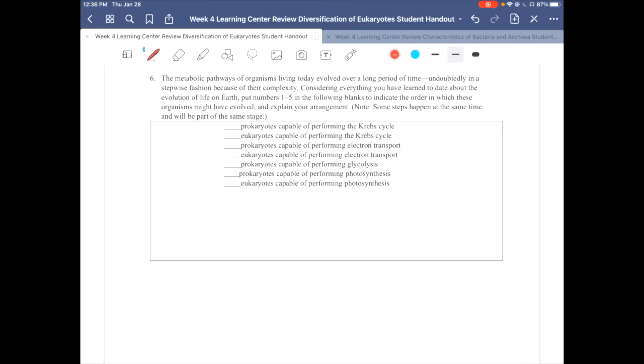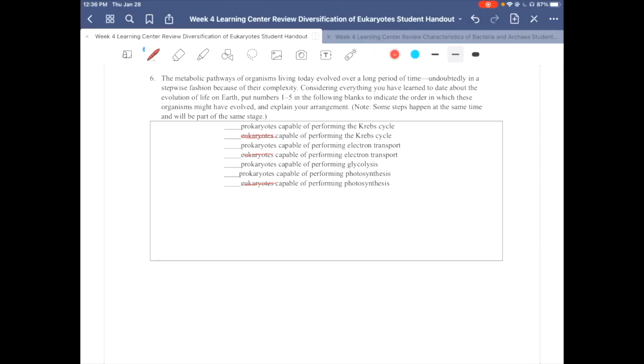How I would go about answering this is first determine if you think eukaryotes came first or prokaryotes came first. So what do you guys think? Do you guys think eukaryotes evolved first or prokaryotes evolved first? Yes, that's exactly right. So prokaryotes came first, so I would momentarily ignore all the answers that say eukaryotes.